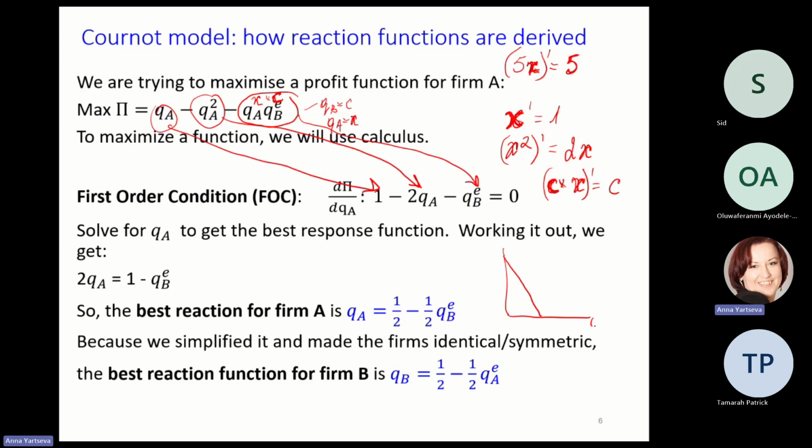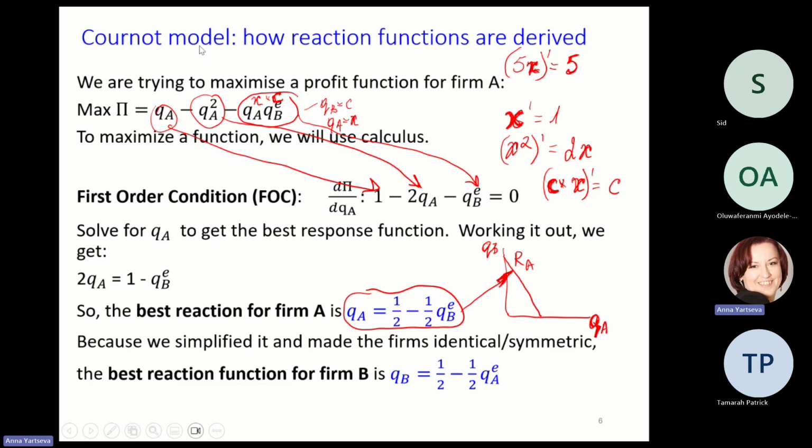So if you take individual quantity A, this is the reaction function from A, this particular line will describe this expression, this equation will describe the reaction function from A. Along the vertical axis, we measure quantity B. So this reaction function, by construction, based on how we've worked it out, shows what output company A needs to produce to maximize its profit.